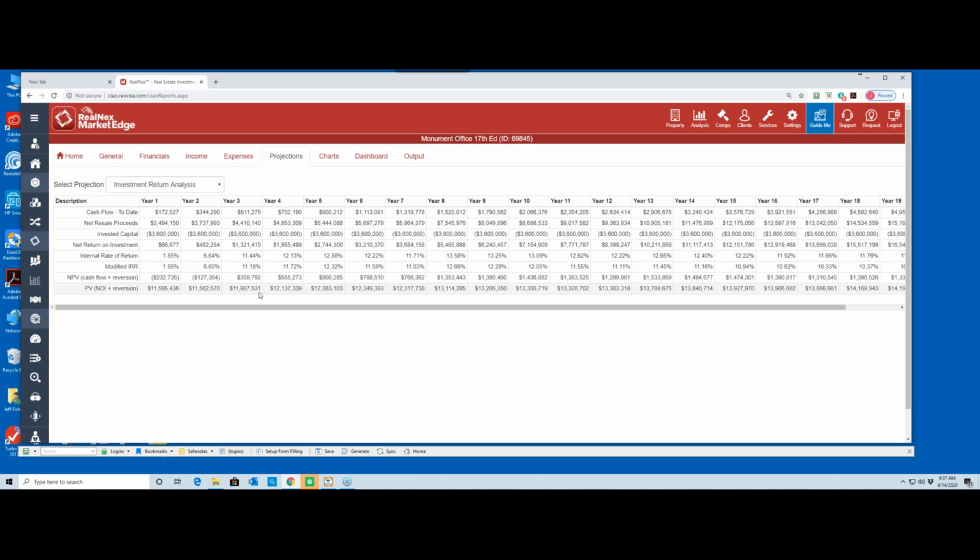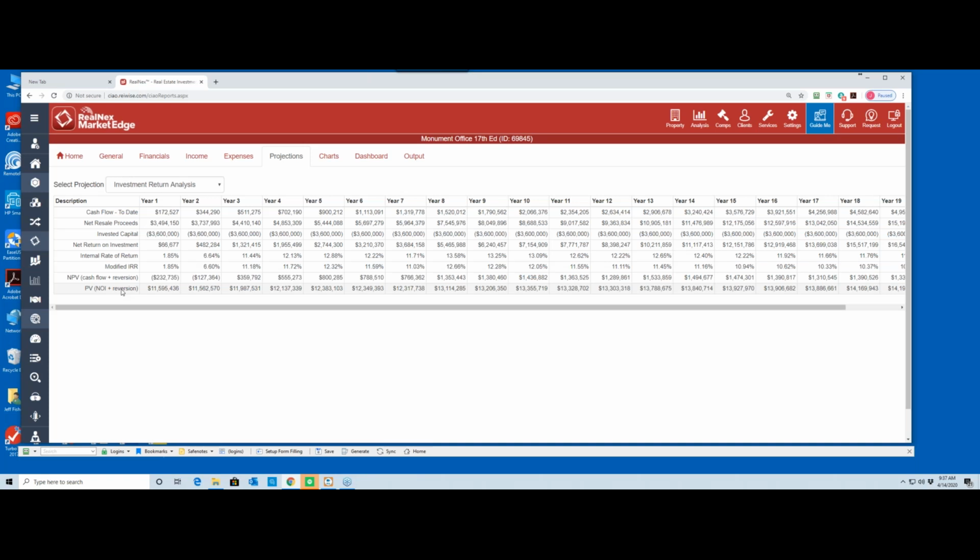One of the important ones here is this last one, PV of NOI plus reversion. That's actually the estimated value of the property. The focus of MarketEdge, RealNext, has always been more from the investor's perspective and what kind of returns the investor would get, and the present value of the cash flows.